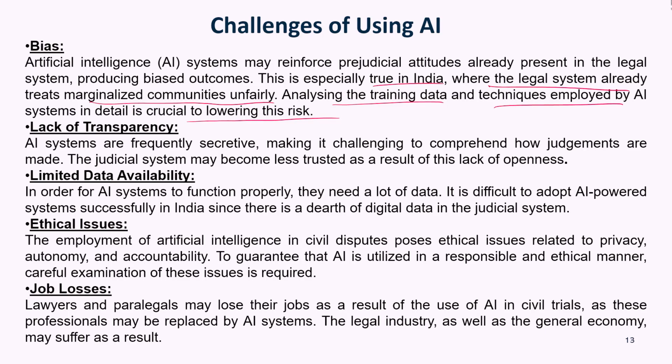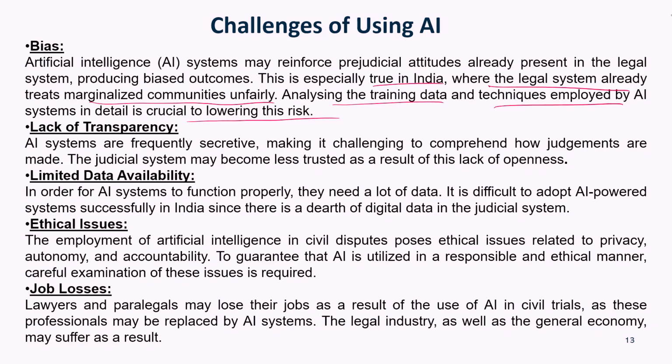But this is something which lies even in the case of humans, where human lawyers may commit some bias, or judges also show bias or prejudice to a particular litigant for a particular reason, like caste, sex, race, creed, ethnicity, etc. So that is something which in the case of humans will be very difficult to avoid or escape, but in the case of machines, if we want to lower this risk, we definitely need to employ such techniques which are not preordained with some biasness, right.